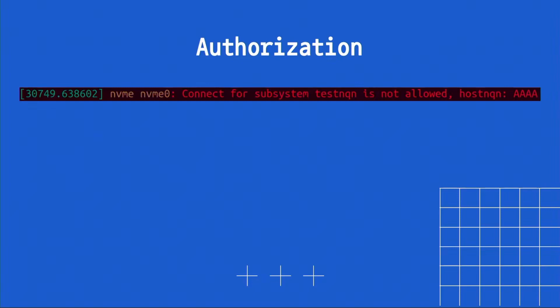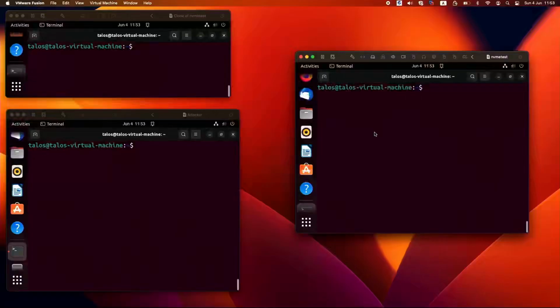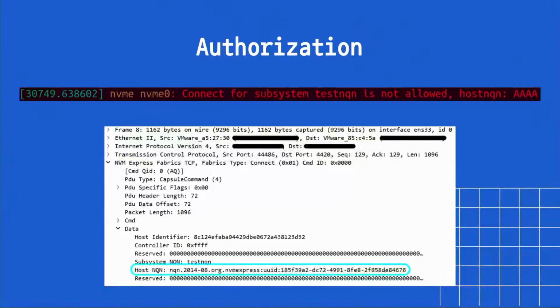So the first thing that I did was sniff the network to see how the client sends my identification. And as you can see here, that's the raw packet that's being sent in clear text without any encryption, just sending, hey, I'm this host NQN, which again is the configured allowed host to access the remote machine.